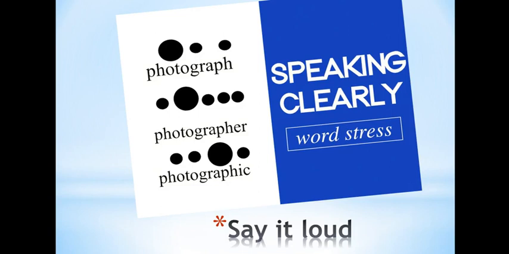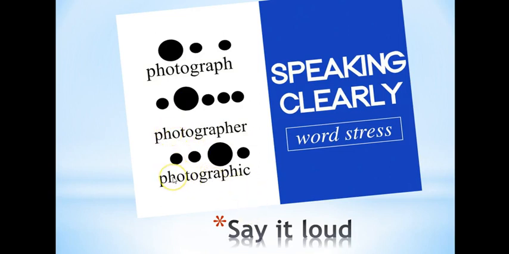The second one, we put the stress on the second syllable. This is the stress symbol. So when you pronounce this word, it will be photographer. Photographer.